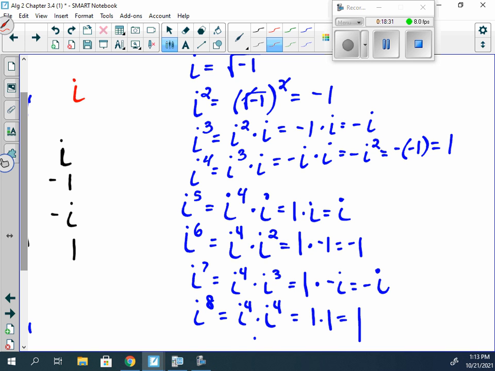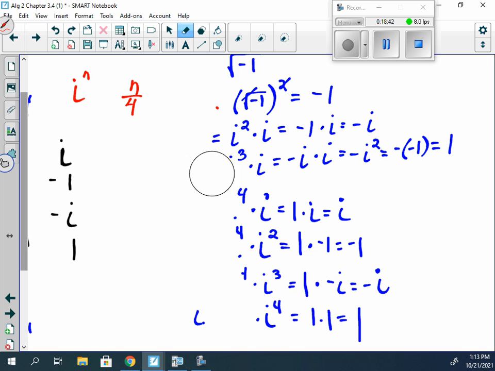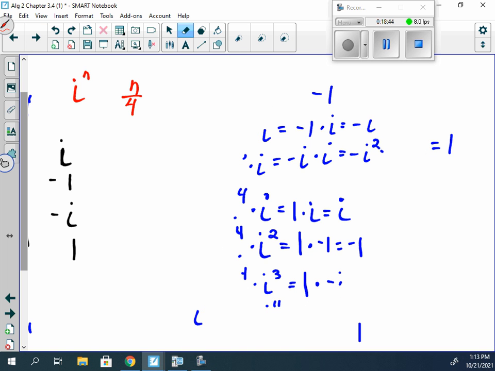And the interesting part of this is for i to any power, if we take that exponent and divide it by 4, we're actually going to get one of these. Because whenever we divide the power by 4, we'll get a number with a decimal.